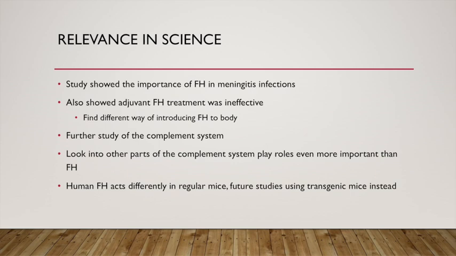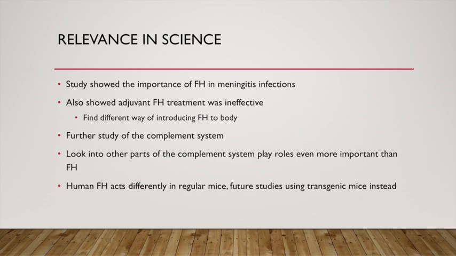It also showed the ineffectiveness of adjuvant factor H treatment, which kind of goes against everything else that was learned from this study. Perhaps there's a different way of introducing FH into the body. Maybe that's why it didn't work so well, and kind of what I touched on earlier, that human factor H might simply not have worked in mice.